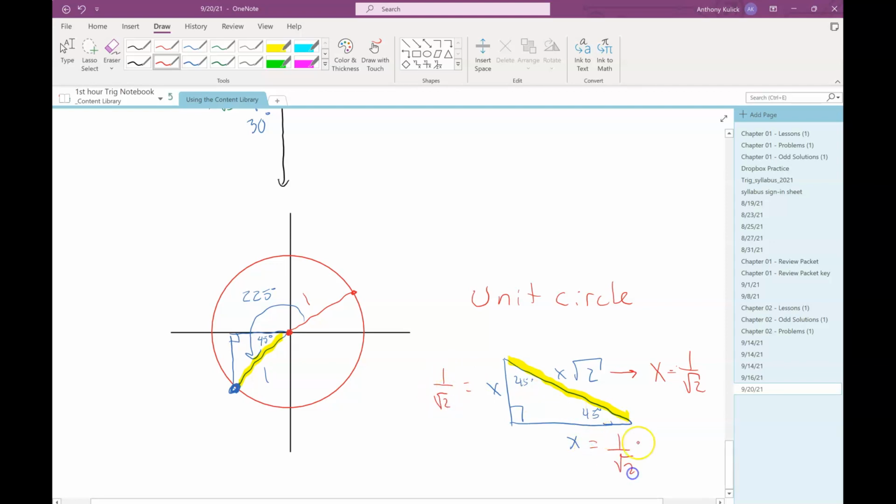Both the sides of this right triangle have to correspond to 1 over the square root of 2. So remember that this side is like my x coordinate, and this side is like my y coordinate.